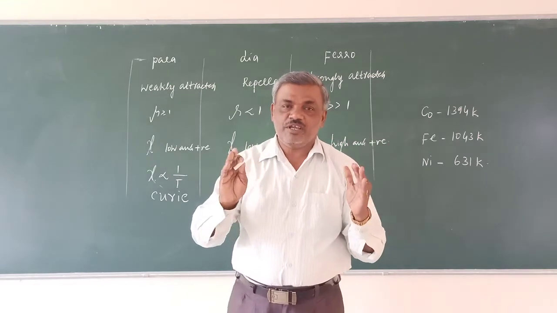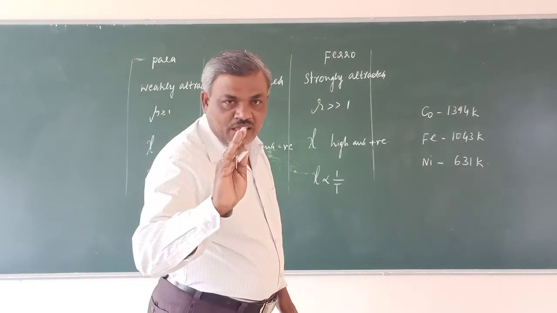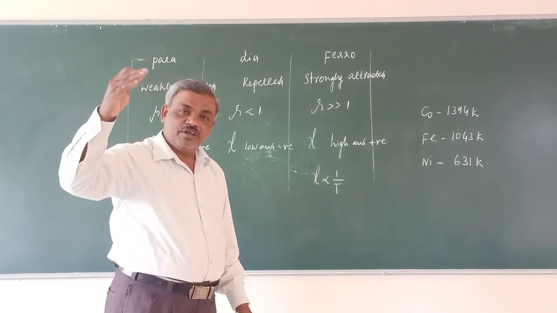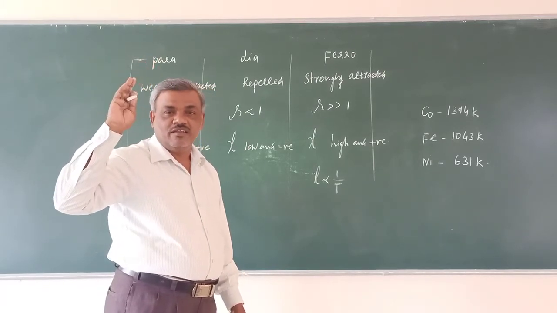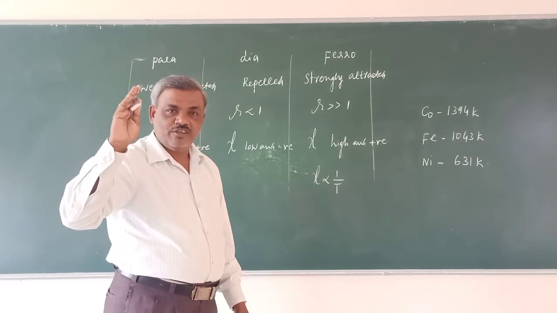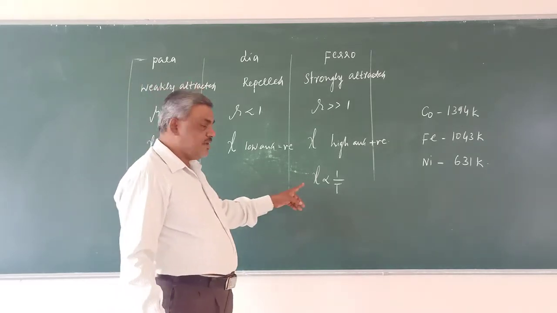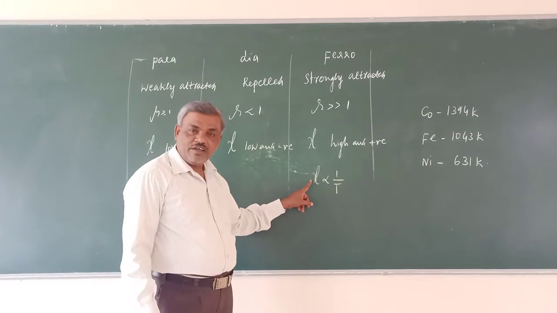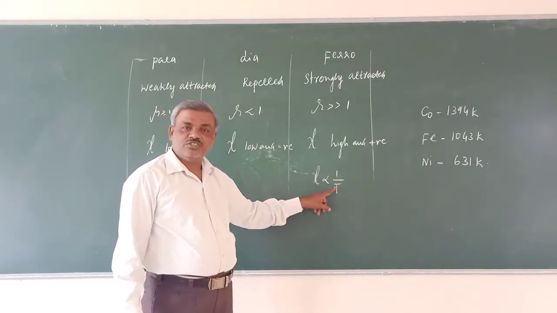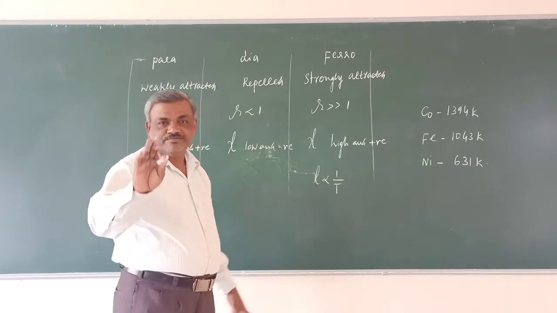Define Curie temperature: the temperature at which a ferromagnetic material becomes a paramagnetic material. So state the Curie law and Curie temperature. The susceptibility of a ferromagnetic material is inversely proportional to absolute temperature.